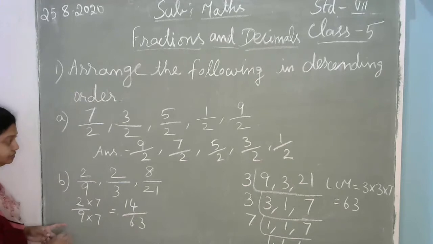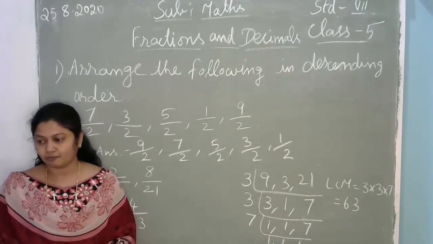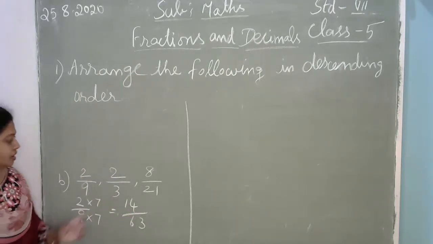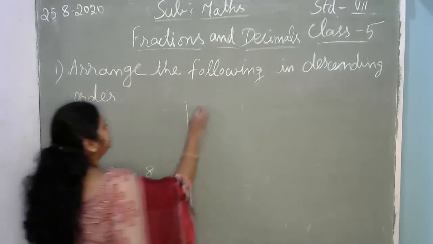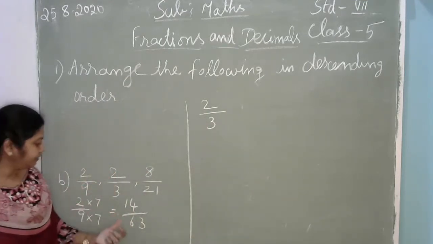And the next fraction is 2 by 3. By which number do you have to multiply?